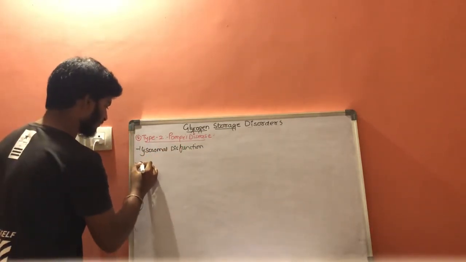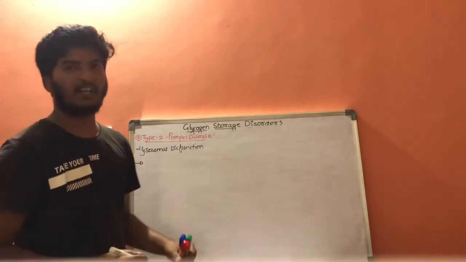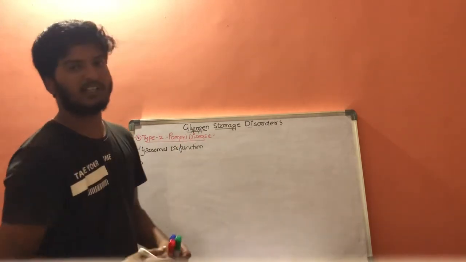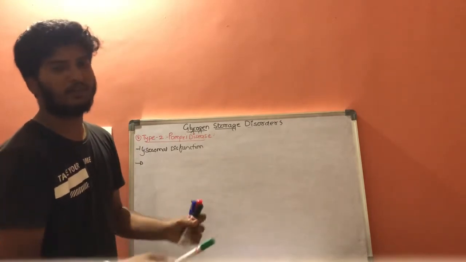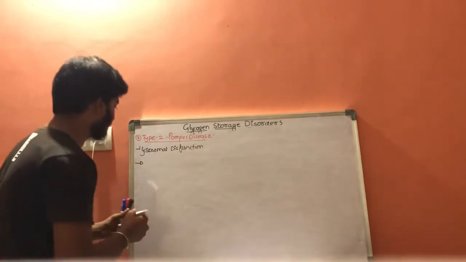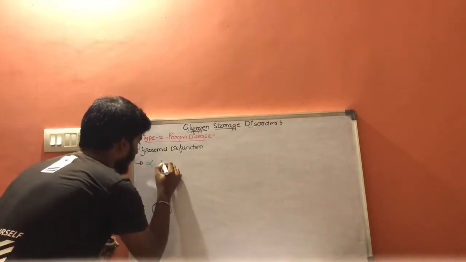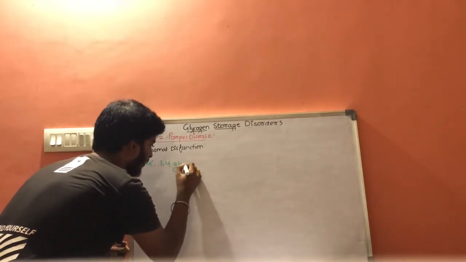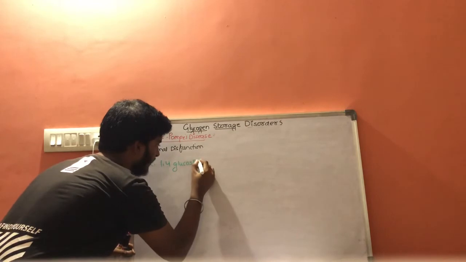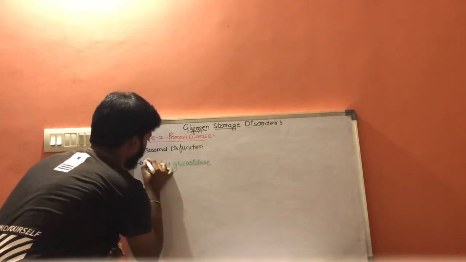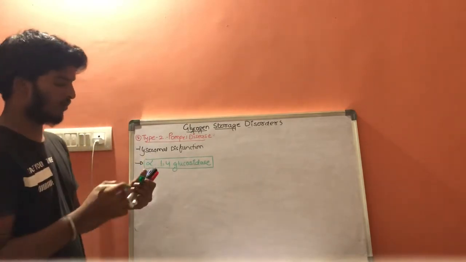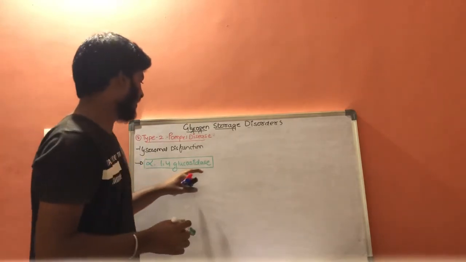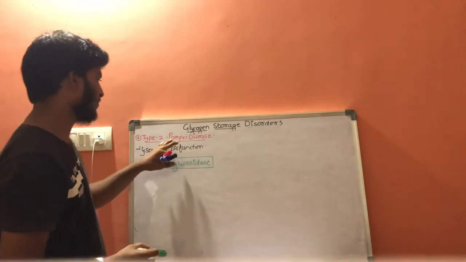Now, this Pompe's disease occurs because of deficiency of a special enzyme, that is alpha-1,4 glucosidase. Alpha-1,4 glucosidase is the enzyme which is responsible for Pompe's disease.